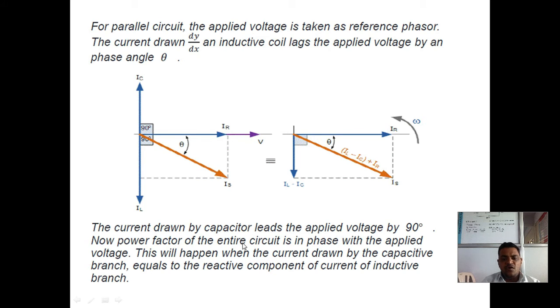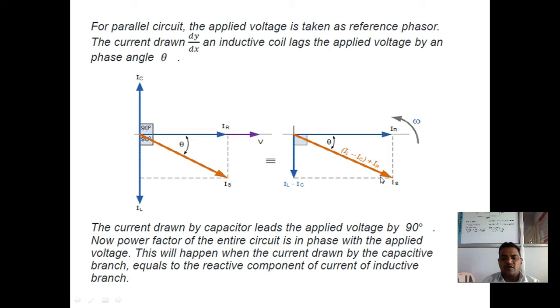Now the power factor of the entire circuit is in phase with the applied voltage, and this happens when the current drawn by the capacitive branch is equal to the reactive component of the current of the inductive branch. Means one is leading, one is lagging with respect to the applied voltage.